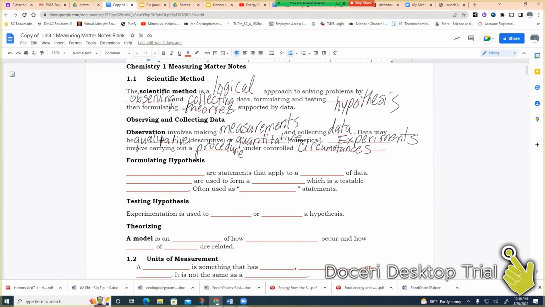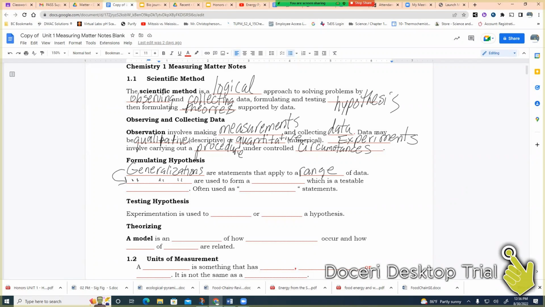All right, formulating hypotheses. Generalizations are statements that apply to a range of data. That next blank is generalizations. Again, I'm just putting little ditto marks, or you can put an arrow.